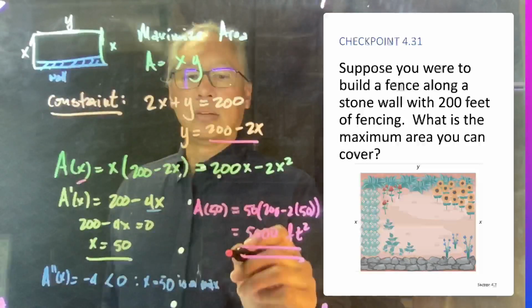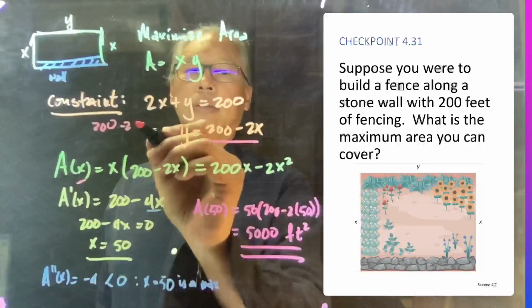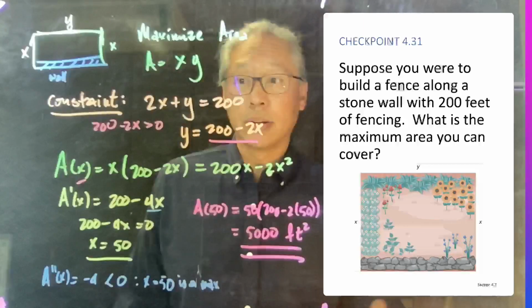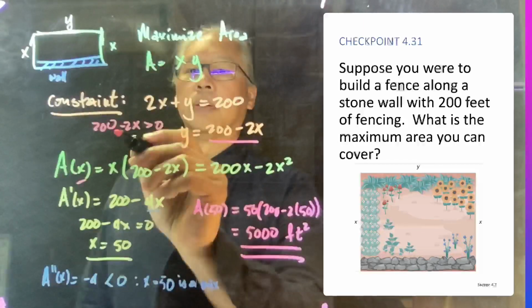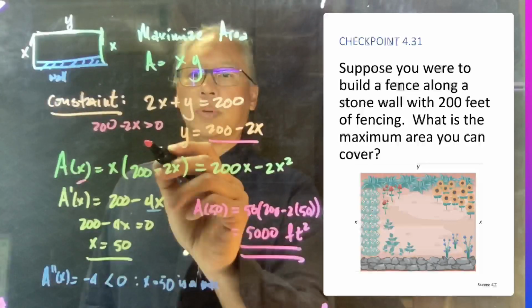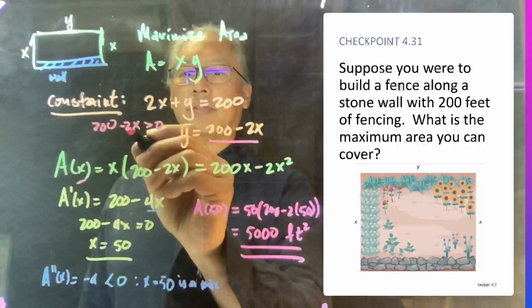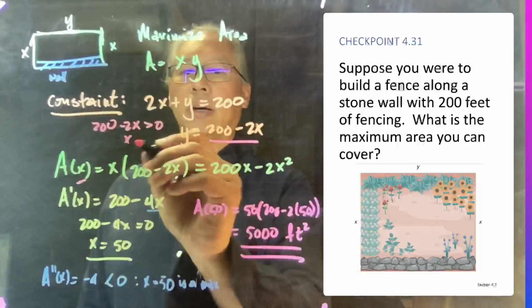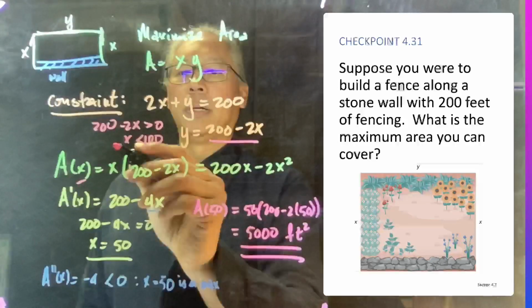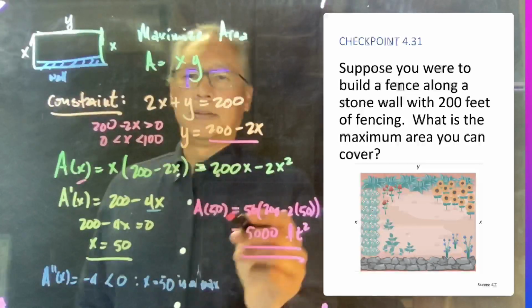So we can figure out the domain from here by saying 200 minus 2x has to be bigger than 0, and also x has to be bigger than 0. So this will give us 100, I believe. So x has to be less than 100. But it also has to be positive, so x has to be bigger than 0.